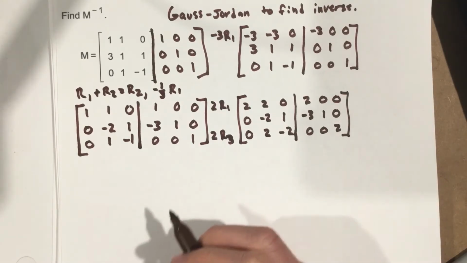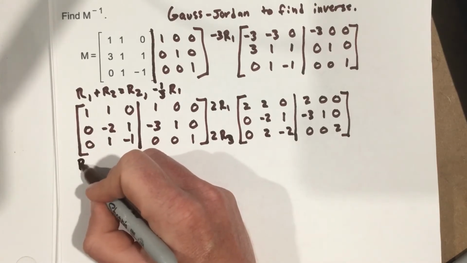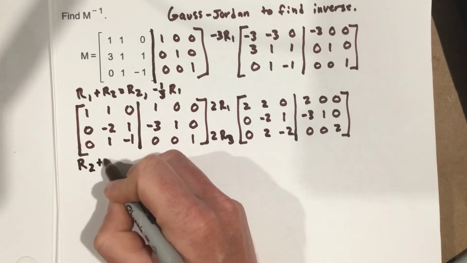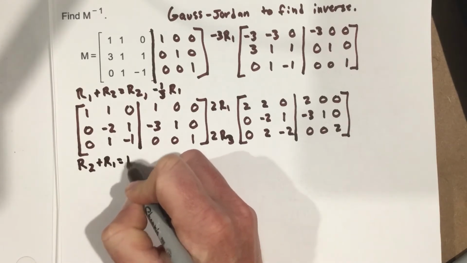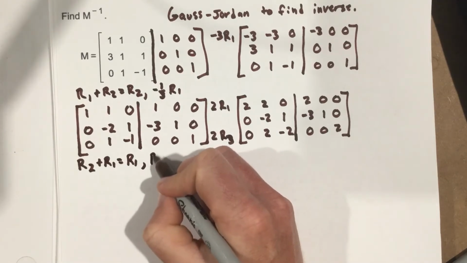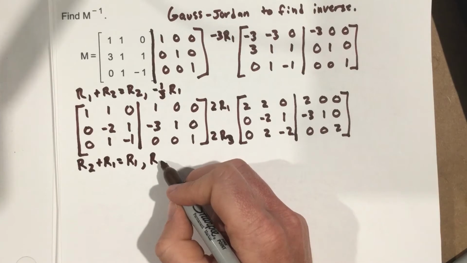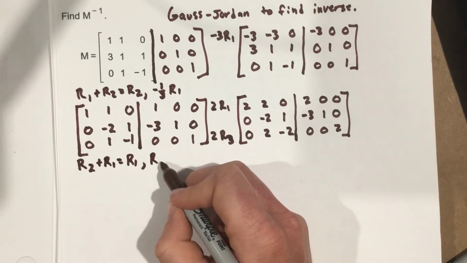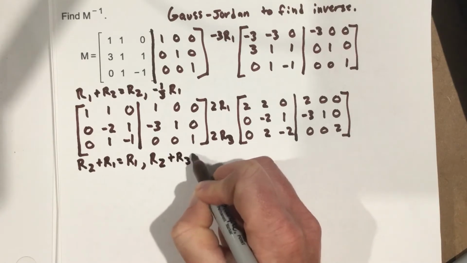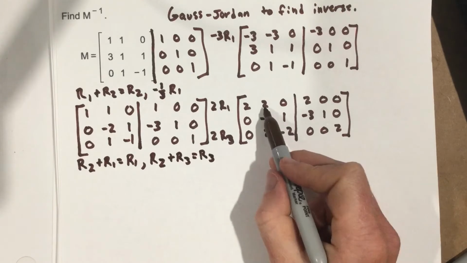And then I'm going to take row 2 plus row 1, that's going to equal row 1. And then I'm going to do row 2 plus row 3, and that's going to equal row 3. So I'm going to start by taking row 2 and adding it to the top.